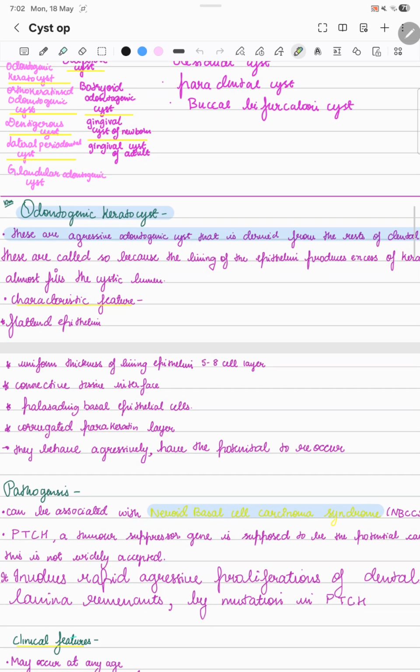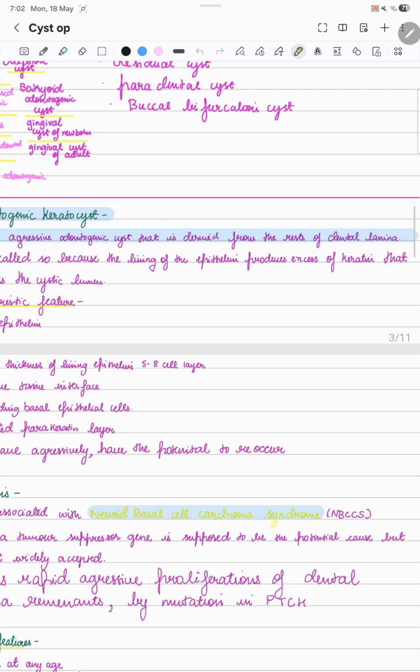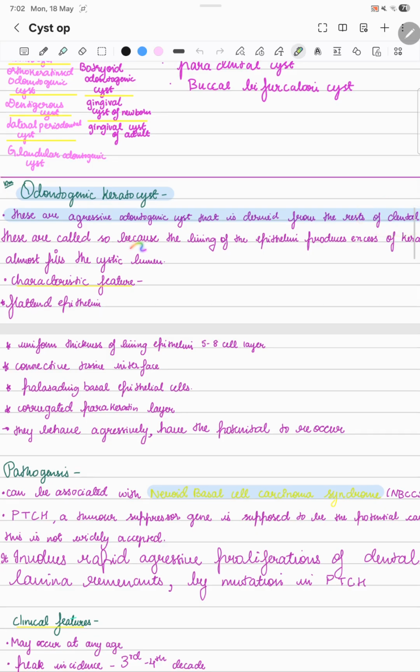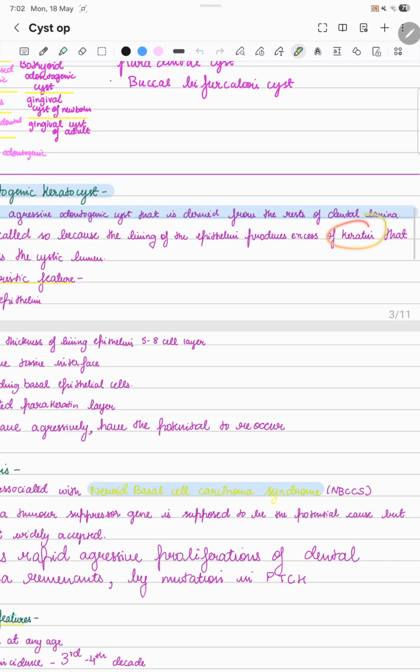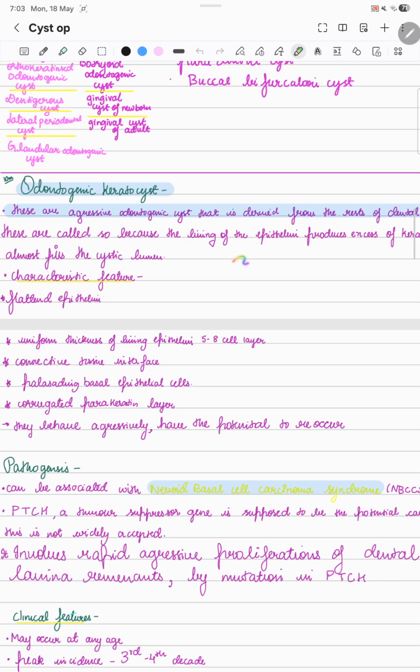These are aggressive odontogenic cysts derived from the rests of dental lamina, called so because the lining epithelium produces excess keratin, which almost fills the cystic lumen. The cystic lumen is almost filled with keratin. That's why it is called keratocyst.